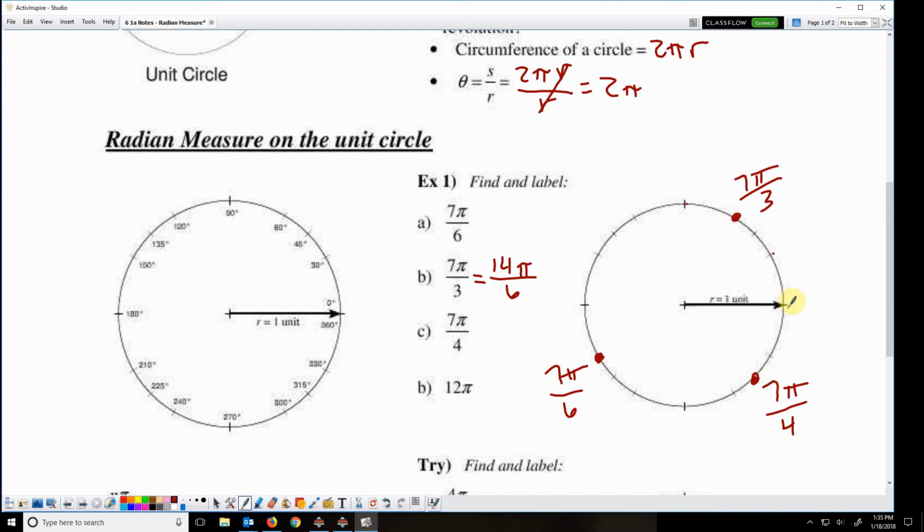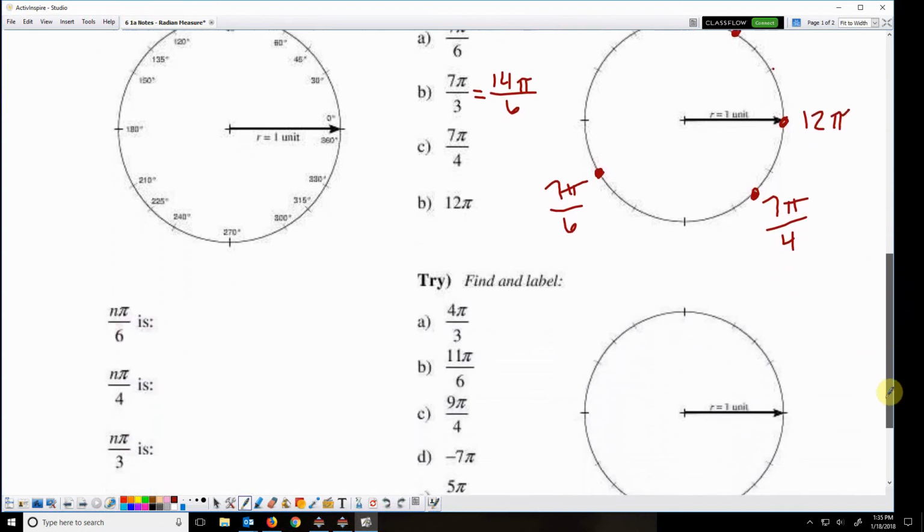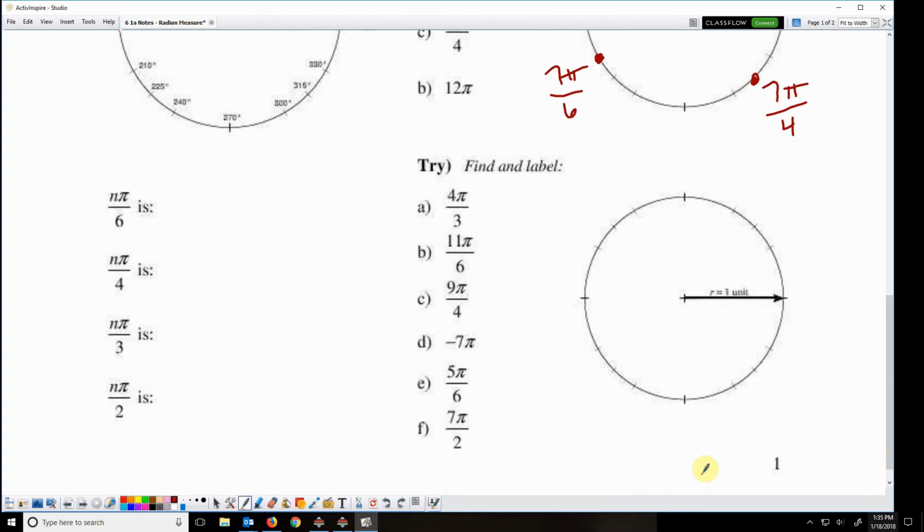This time I can just go halfway around, and I'm at 1, then 2 pi, 3 pi, 4 pi, 5 pi, 6 pi. We should see a pattern. Odd pi, even pi. So 12 pi is going to be right there. Go ahead and pause the video and try to locate all of these on this circle.